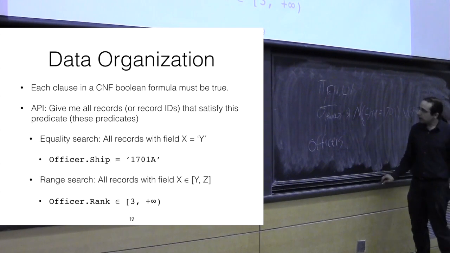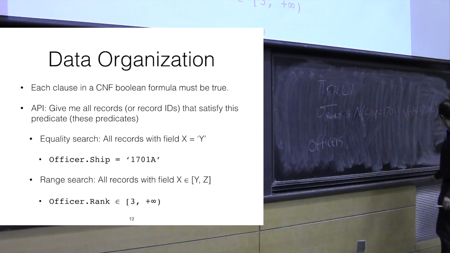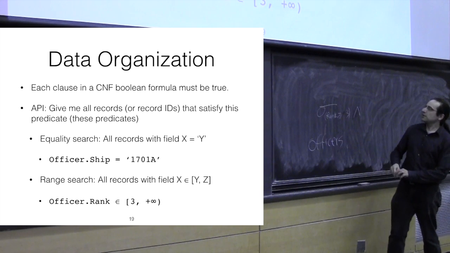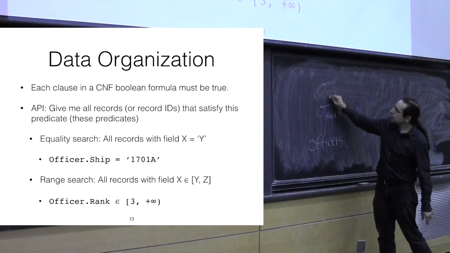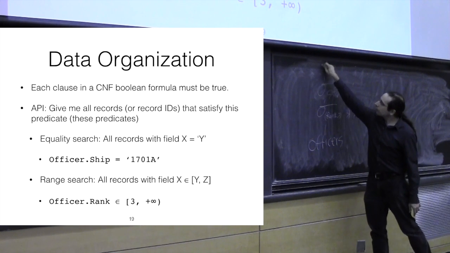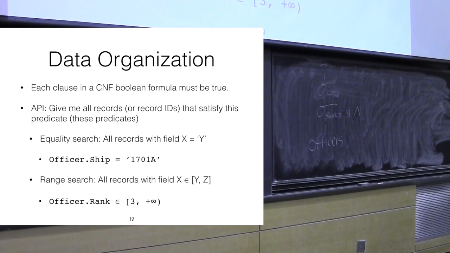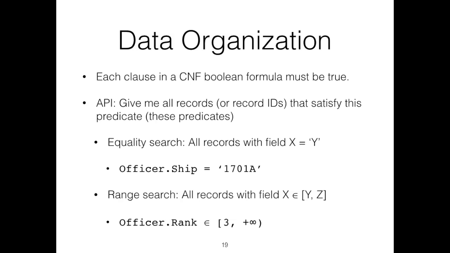So you can take this query and rewrite it as a selection on rank and then a selection on shift. And those two, at least from the perspective of the query's correctness, are entirely identical.